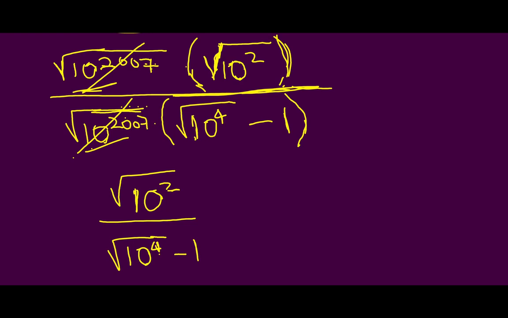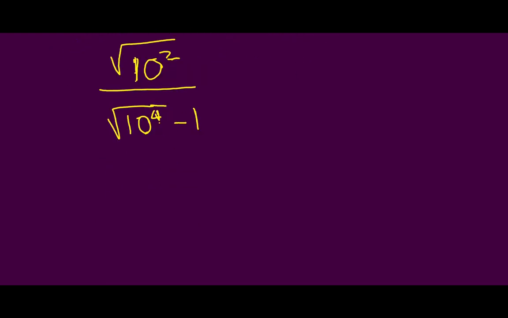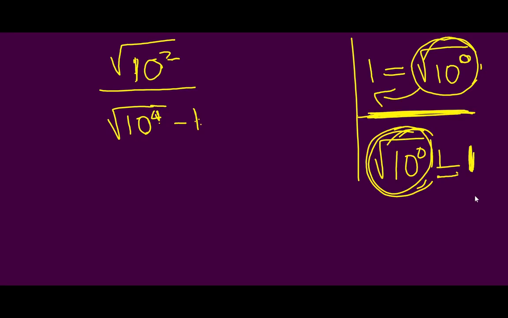So one thing I can alert you is that we know that 1 is the same as square root of 10 to exponent 0. So from here, we can replace this 1 by this square root of 10 to exponent 0.